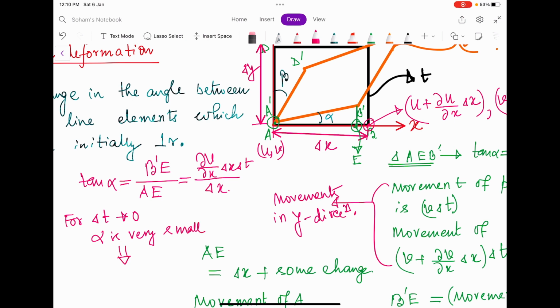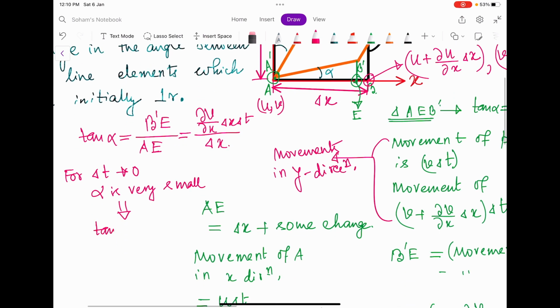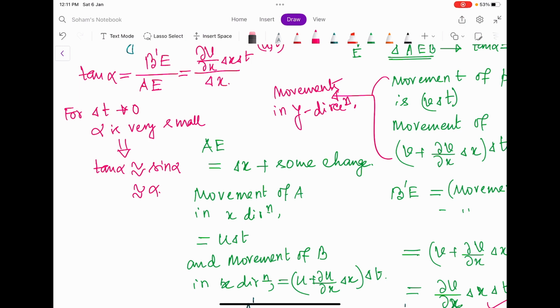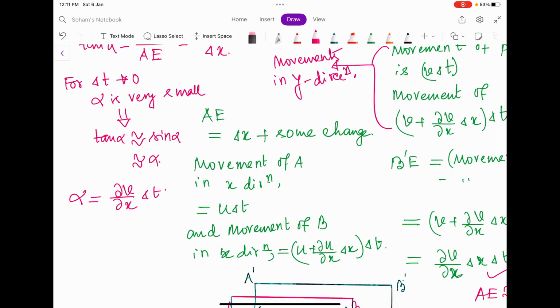And that directly means that tan alpha is almost equal to sin alpha, and that is almost equal to alpha. So alpha is equal to del v del x delta t. Alpha is actually the change in angle, so let me write it as delta alpha, because alpha in this case initially was 0.